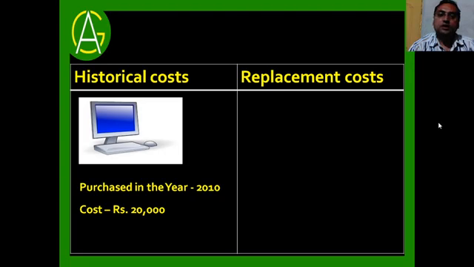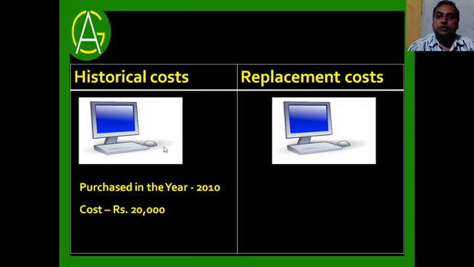If we talk about this computer today, the 20,000 cost of this computer is historical cost, because it was incurred in the past for acquiring this computer. So the cost that was incurred in the past for acquisition of any asset, any machinery or any property, is considered as historical cost at present.